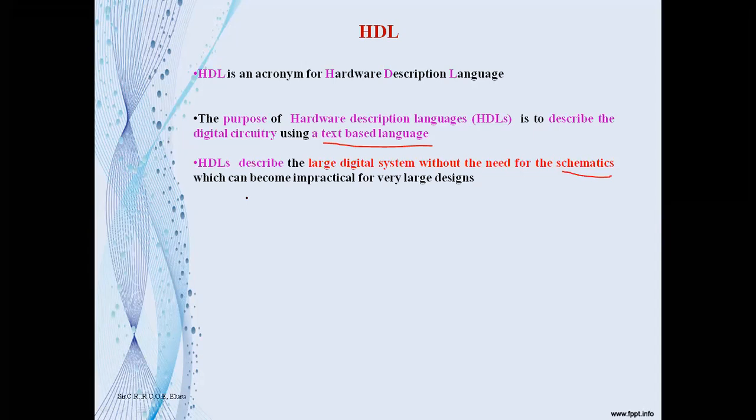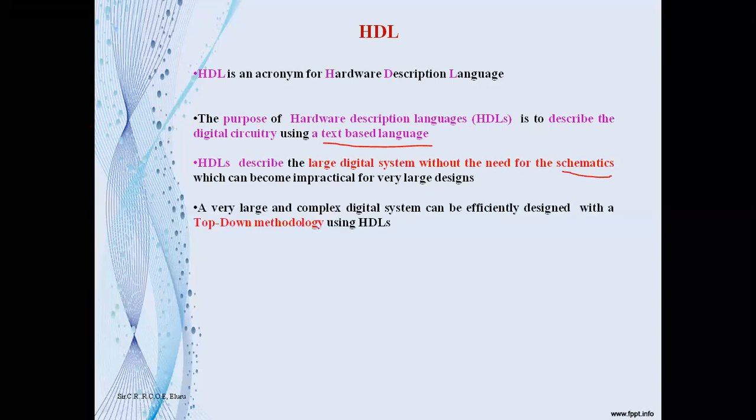But the hardware description language doesn't require schematics to describe the digital system. It doesn't mean it completely doesn't use schematics; they are still used, but at the lower level of abstraction, not at the higher levels of abstraction.